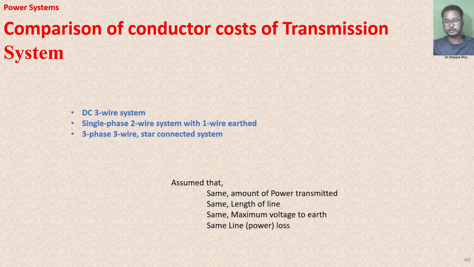So the same power is transmitted, the same length of line, that is the same conductor length, the same maximum voltage to earth, and the same line loss. That means the same load power.